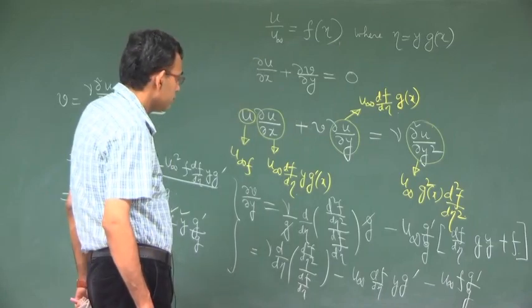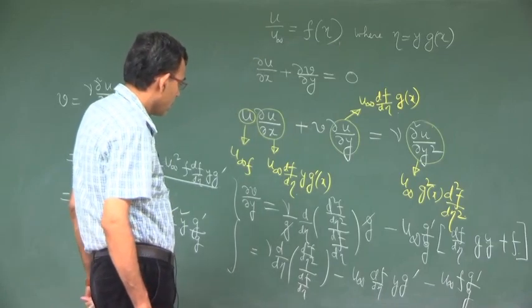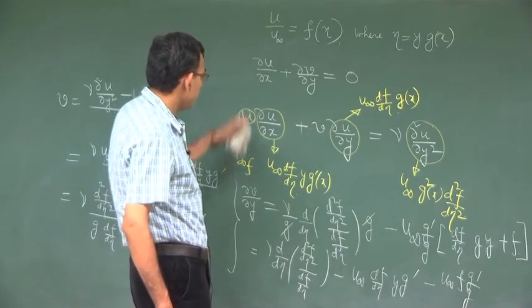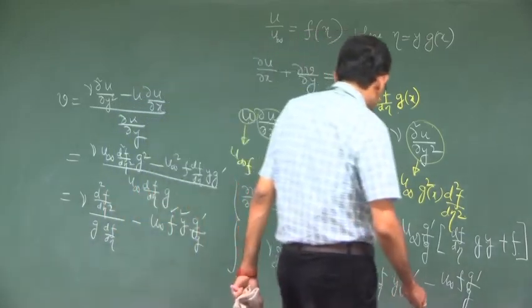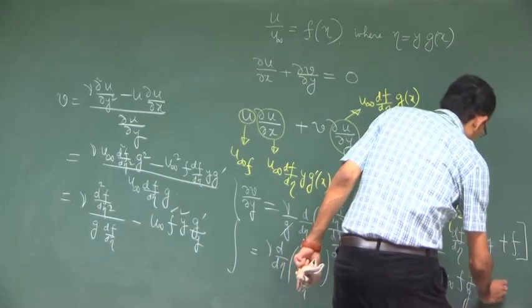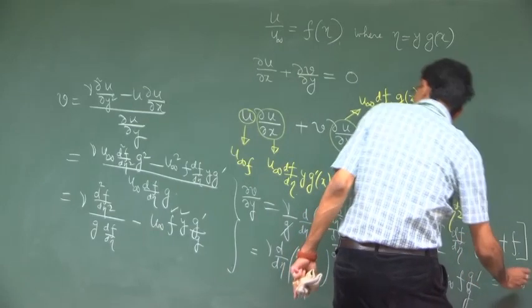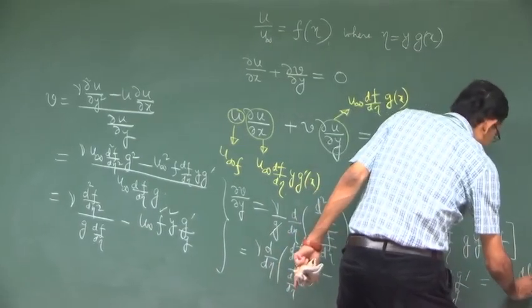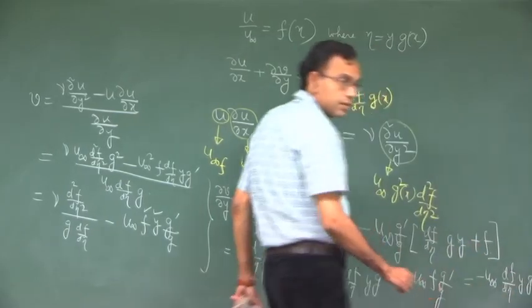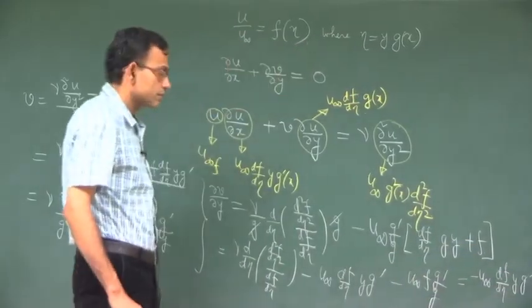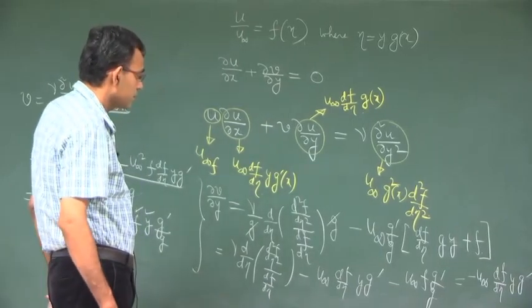Now, this is equal to minus del u del x. So, this is equal to minus u infinity df d eta y g dash. Okay.